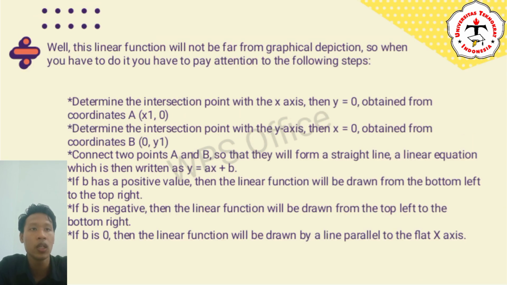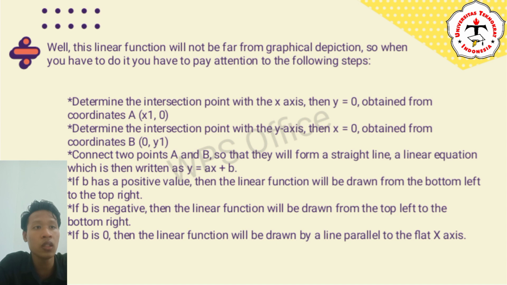Well, this linear function will not be far from graphical depiction, so when you have to do it, you have to pay attention to the following steps. Determine the intersection point with the x-axis, then y equals 0, obtained from coordinate A (x1, 0).